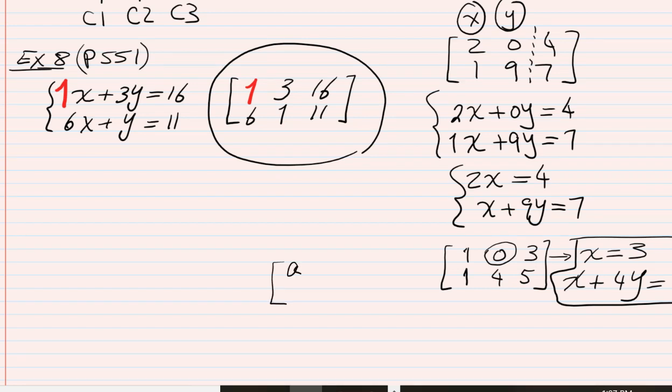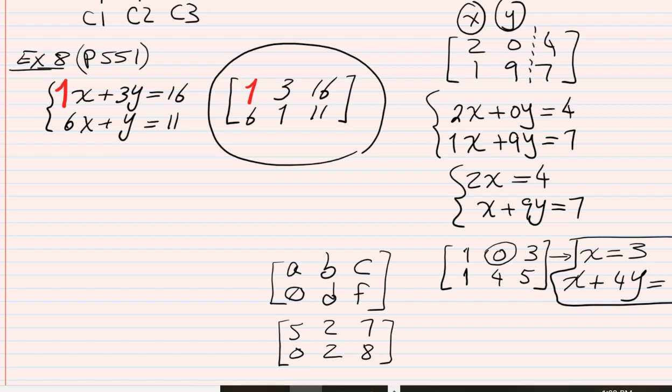The first numbers are going to be A, B, C, and then we want a 0 here, and then D and E. Because a matrix that looks like this, for example, suppose I have 5, 2, 7, and 0, 2, 8. What's important is to have the 0 in that spot.